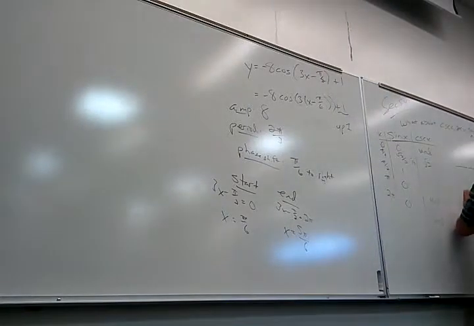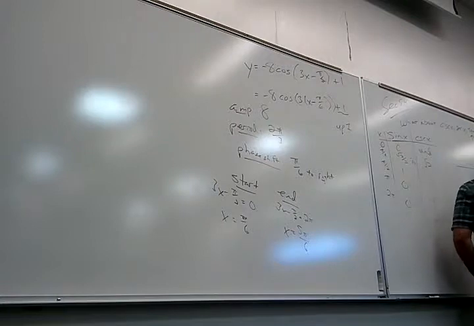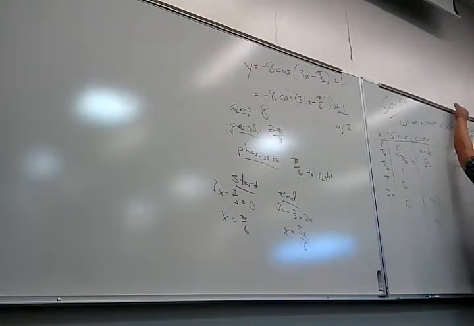So here's the sine function. There's my sine function. So a cosecant would be at 0 and at pi, it's got to go to infinity. So there's asymptotes here.